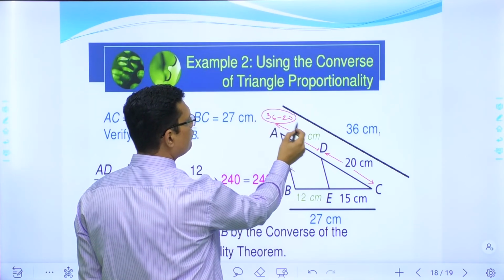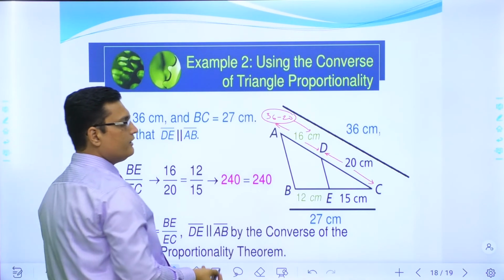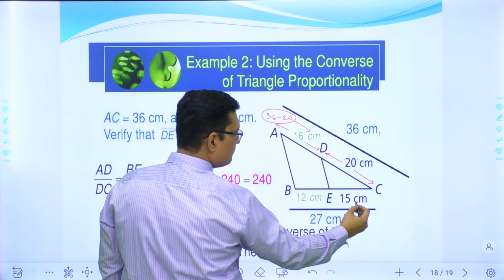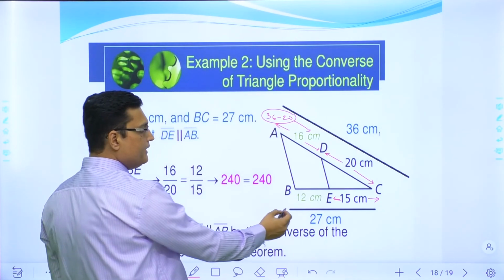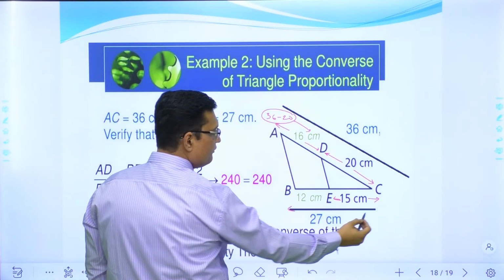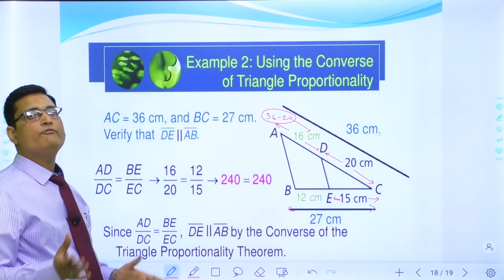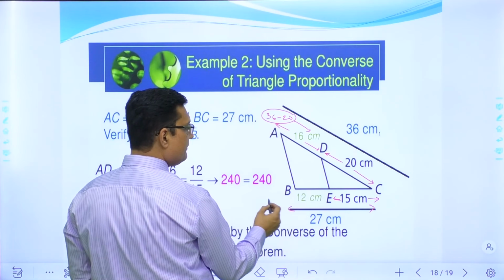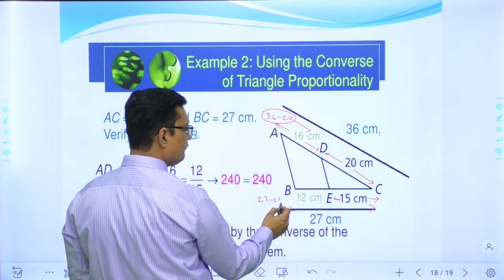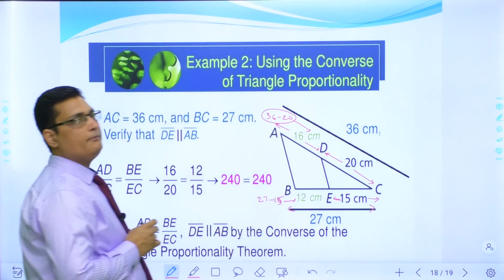So we will get 16 centimeter. Similarly, here they have given us EC. This is given to us 15 centimeter, and BC is 27 centimeter given. So first we will find BE. BE will be 27 minus 15, that is 12 centimeter.